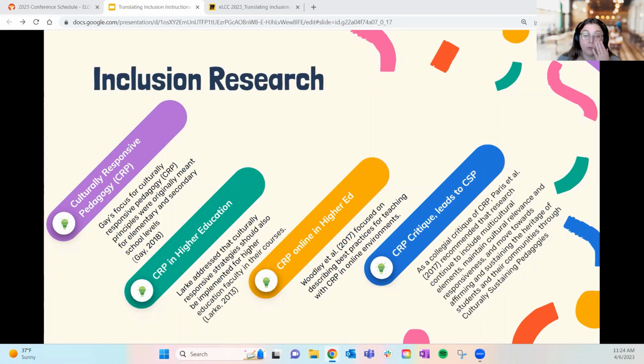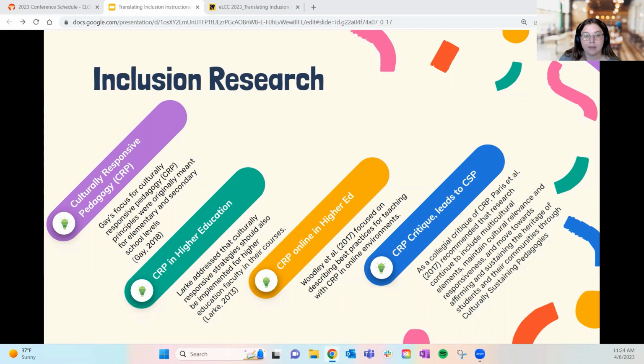We've also seen Woodley focus on describing best practices for teaching within the culturally responsive pedagogy framework in online environments. Some of these practices included validating students' pre-existing knowledge, providing multidimensional learning opportunities, and meeting synchronously with students in that online environment. So it's begun to start, but we're not quite there yet.